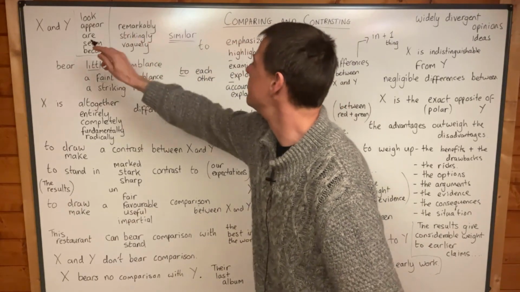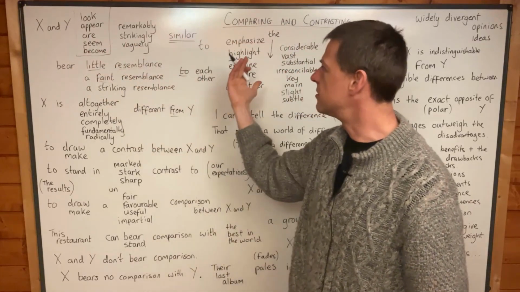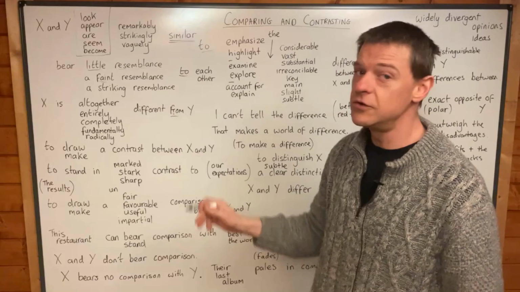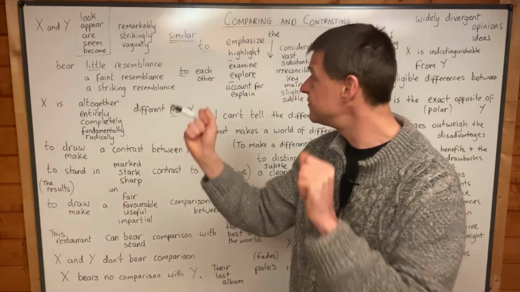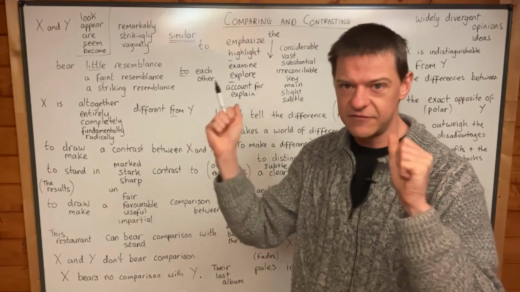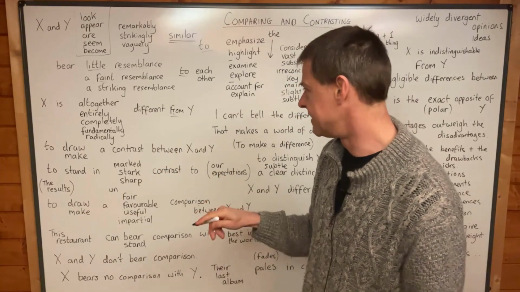X is remarkably similar to Y, or X and Y are remarkably similar. But it's similar to, and it's resemblance to. And I told you earlier, compare X to Y is about similarities, it's about likenesses. And so the preposition to seems to be for similar things, whereas from seems to be for different things.